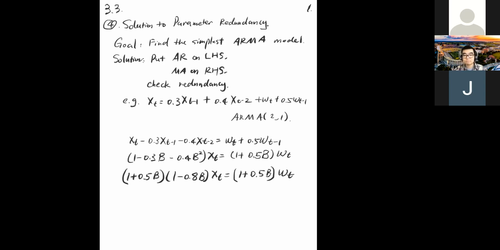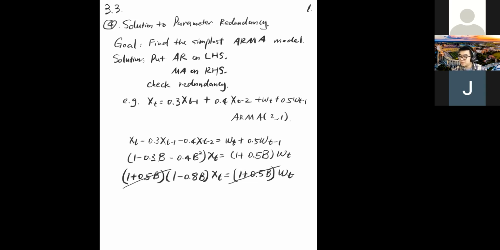Okay. So you can see from here that the left side has 1 plus 0.5b and the right-hand side also has 1 plus 0.5b.